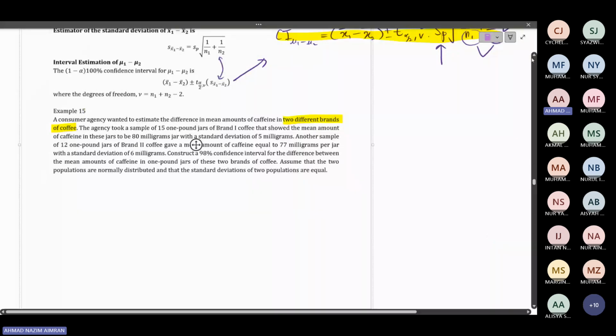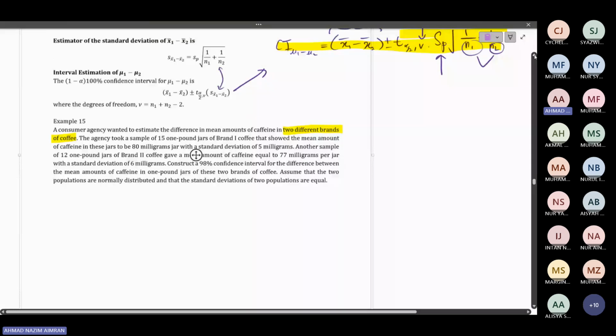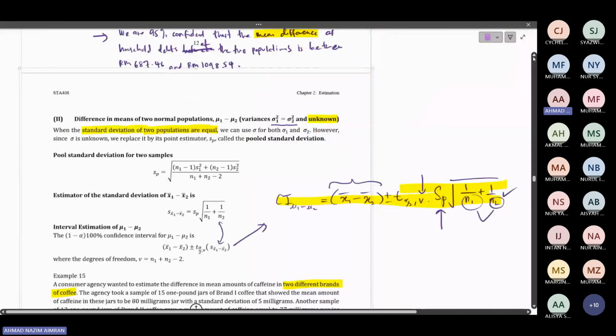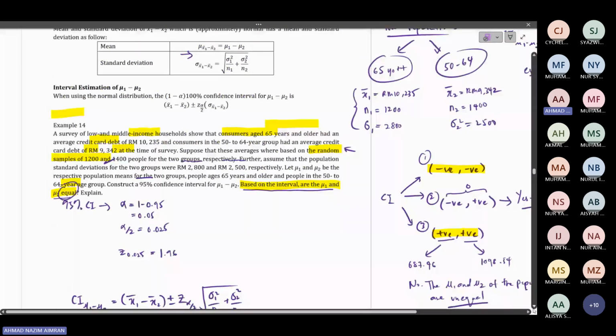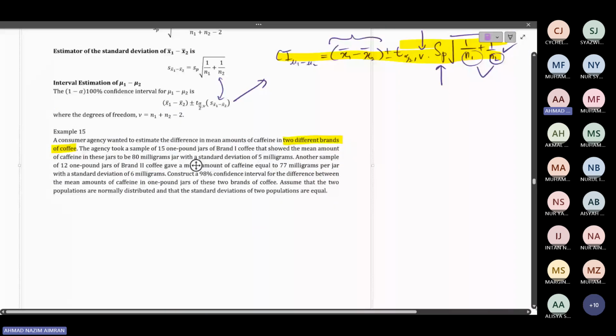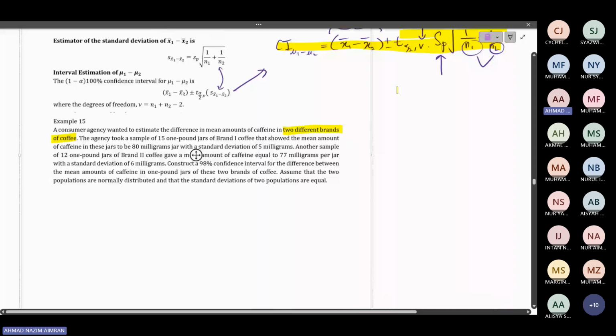We know that example 15 is for case number 2, example 14 is for case number 1. But in the final or in the test, you have to identify whether it is a one population mean or a two population means.